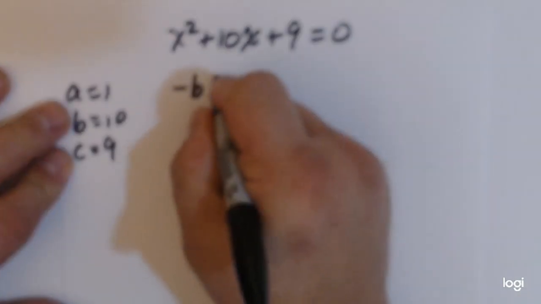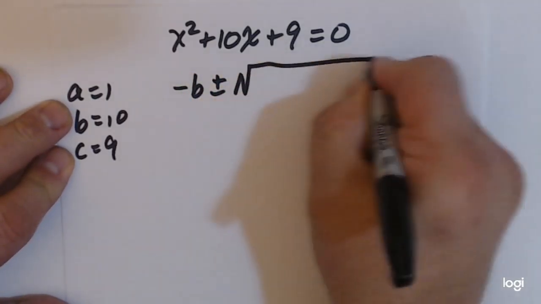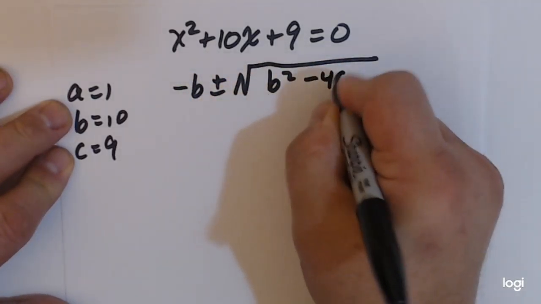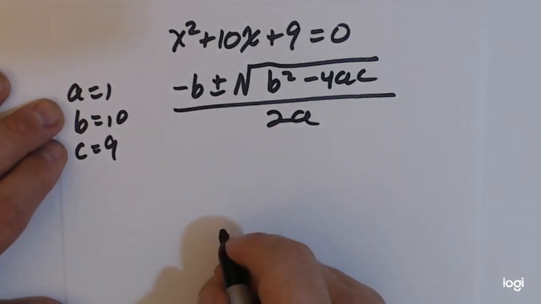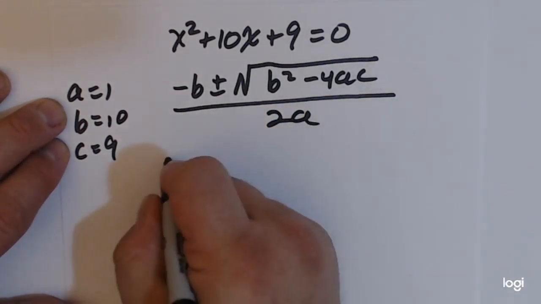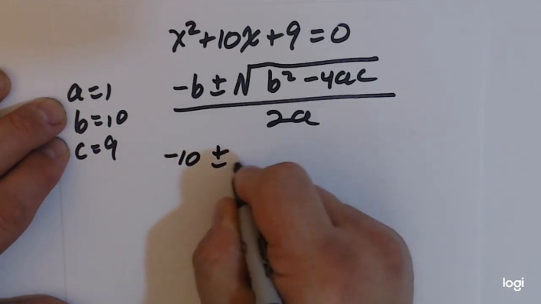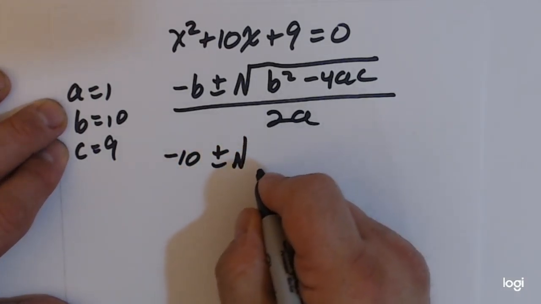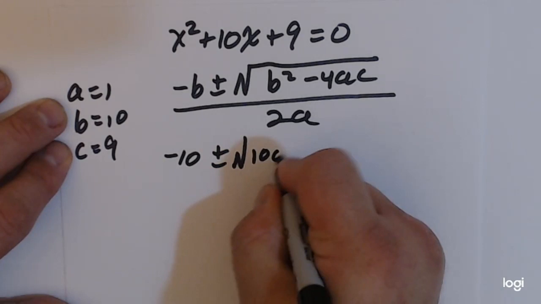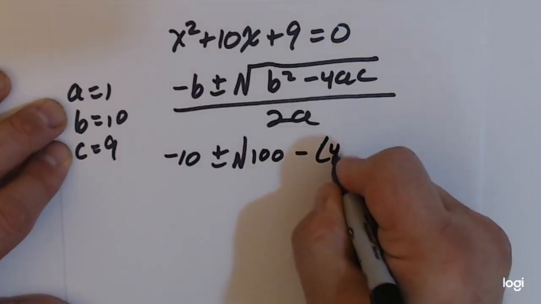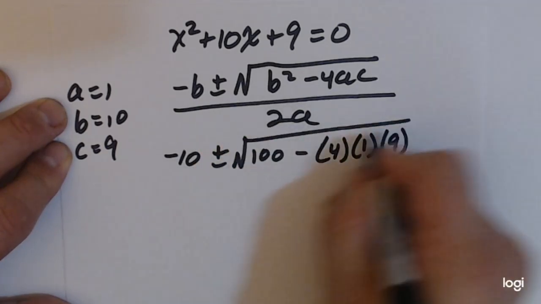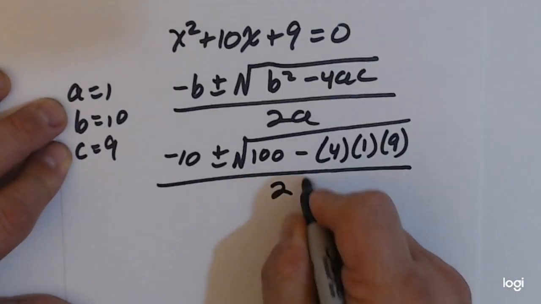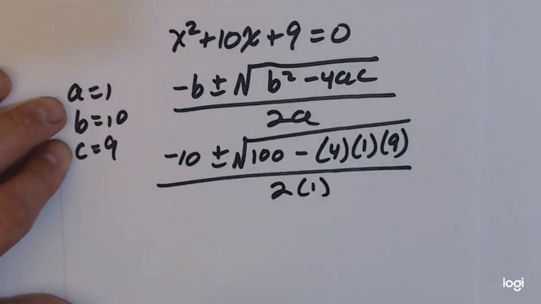We have negative b plus or minus the square root of b squared minus 4ac over 2a. Negative b is negative 10 plus or minus the square root of, well, b squared is 10 squared is 100 minus 4 times 1 times 9 all over 2 times 1.